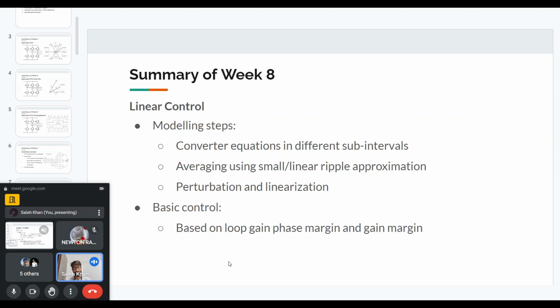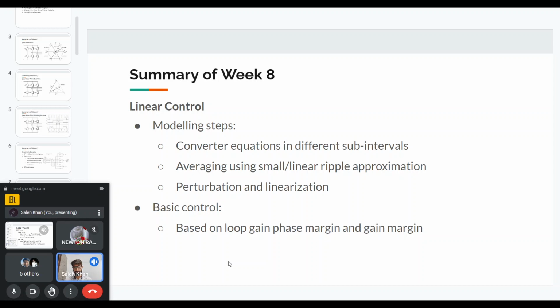What I'll talk about is mainly the modeling aspect, because if I go into the control aspect, it will take too long. So I'll mainly focus on the modeling aspect, and then the control we can do based on different control techniques that we have.